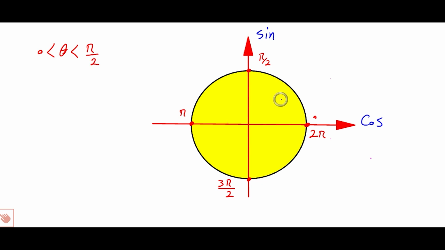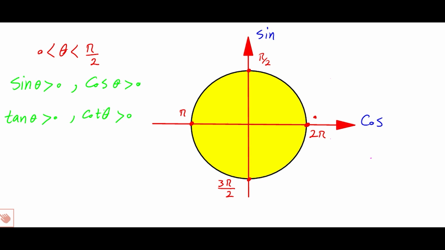So theta is in the first quadrant, and we have sine theta is positive, cosine theta is positive, tangent theta is positive, and also cotangent theta is positive.